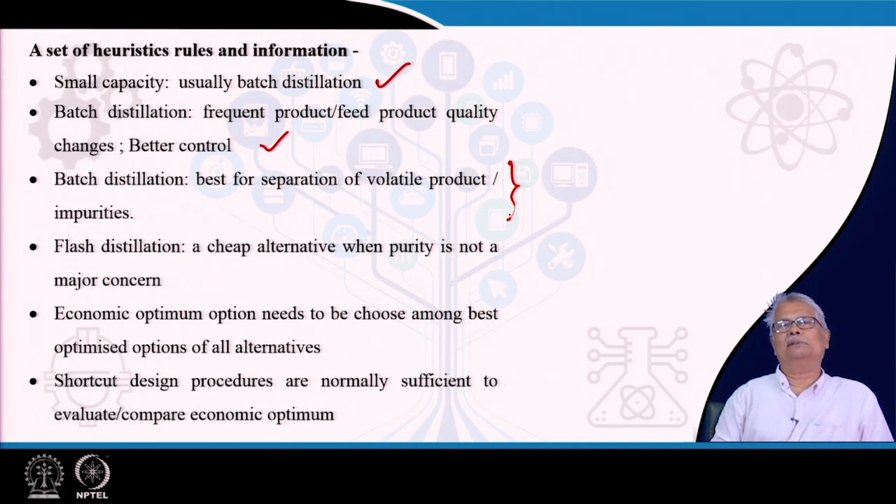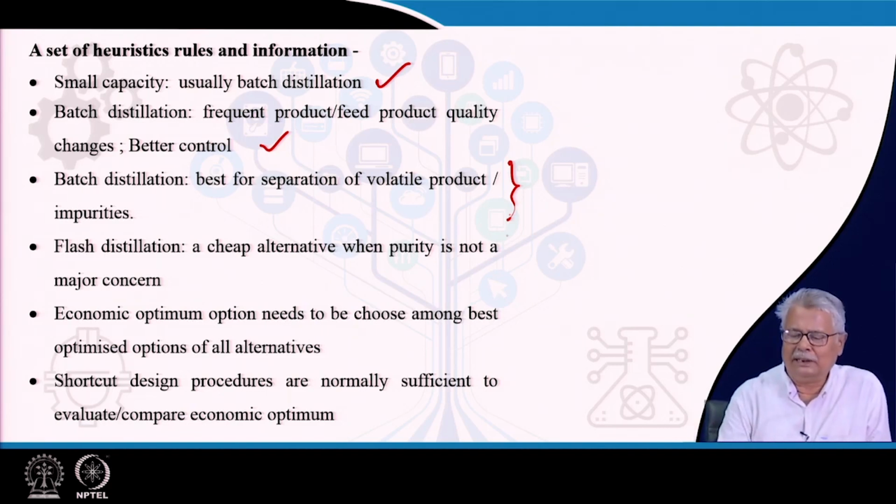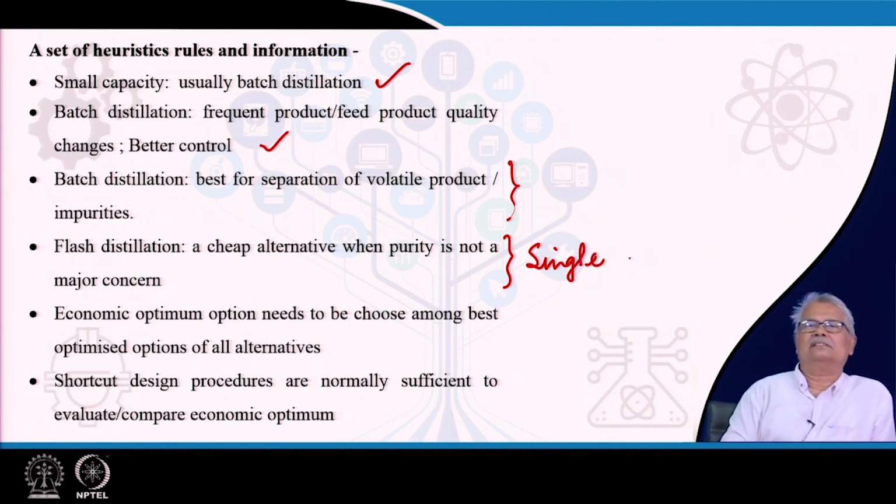We also know that, similar to the batch, the simplest form of distillation is a flash distillation. It is certainly the cheapest alternative, but we have a limitation here. That means the vapor and the liquid get separated using only a single stage. So, if your single stage enrichment is sufficient for the feed, then only can you use the flash distillation.